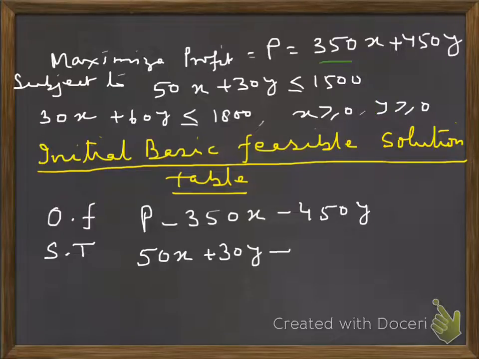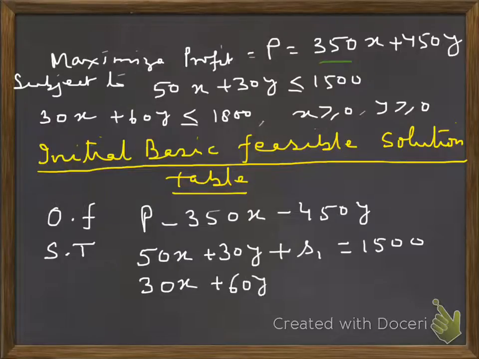So we add a variable s1 and we say that this is equal to 1500. Similarly, for the second constraint, it is 30x plus 60y, and since this constraint 2 is less than equal to type, we will add another variable s2, that is equal to 1800. X greater than equal to 0, y greater than equal to 0.